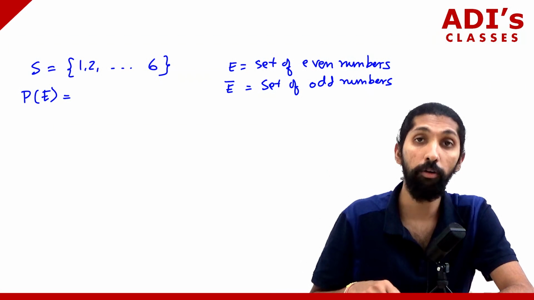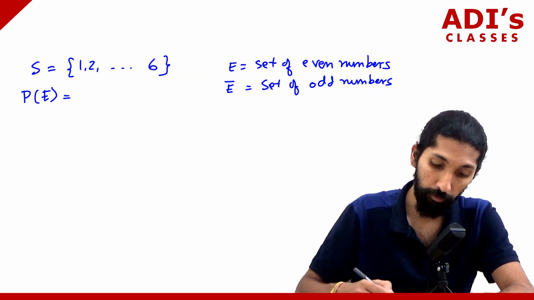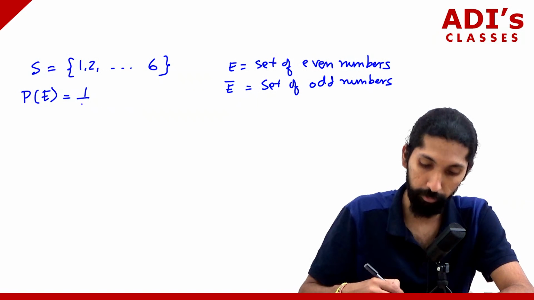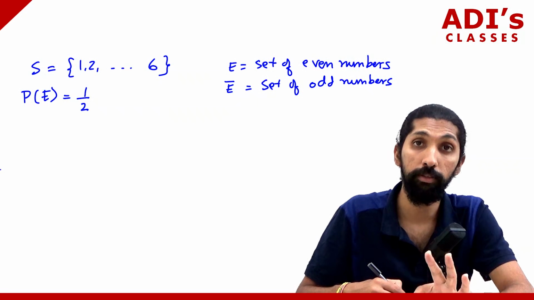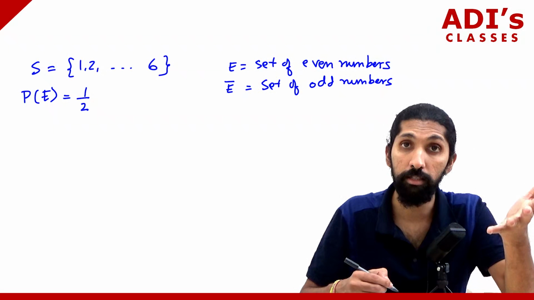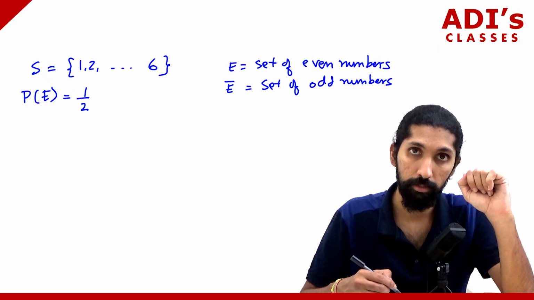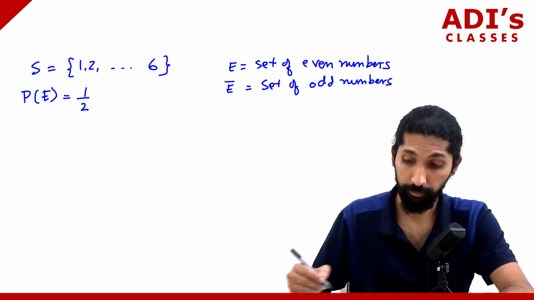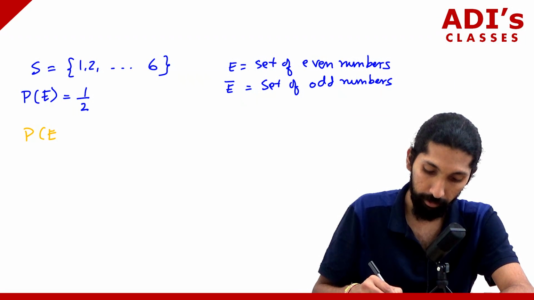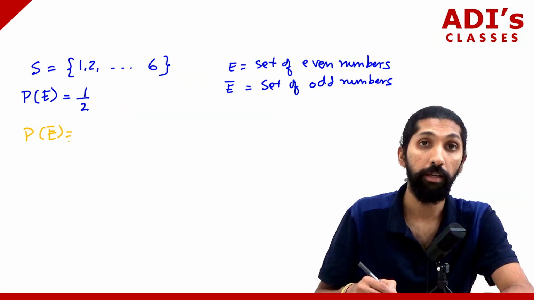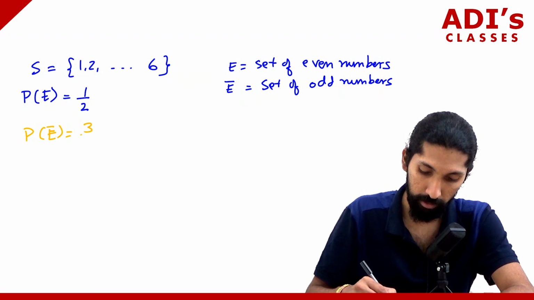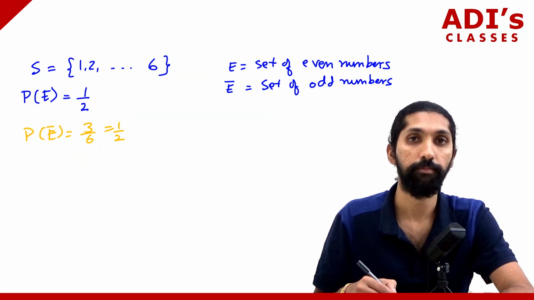When you take P of E, it is 3 even numbers out of 6 numbers, so 3 out of 6, which is nothing but 1 divided by 2. Likewise, if I take P of E complement, this is also 3 out of 6, which is half.